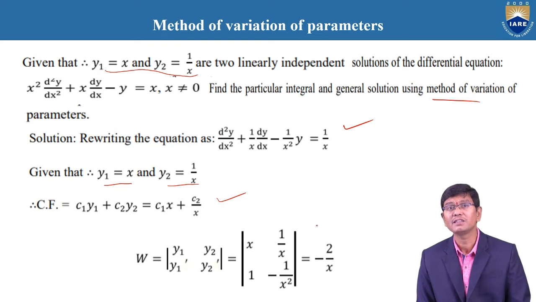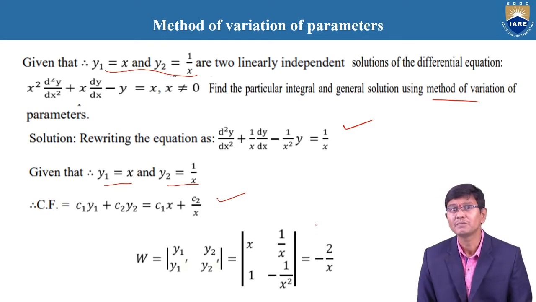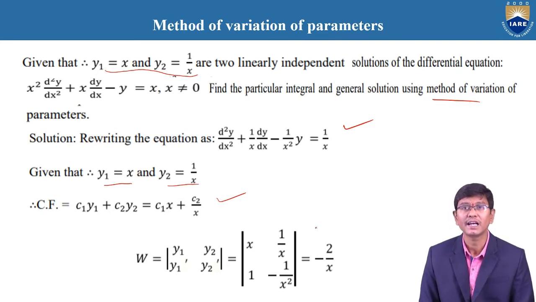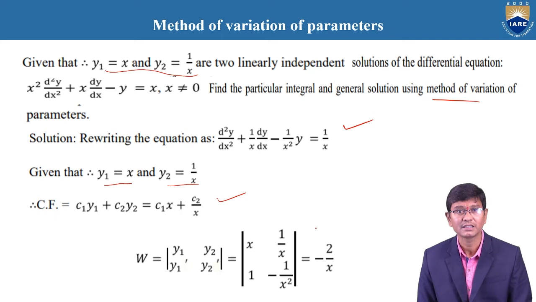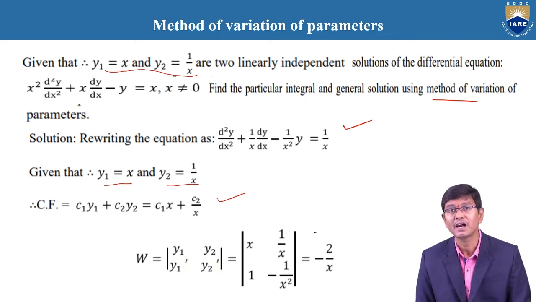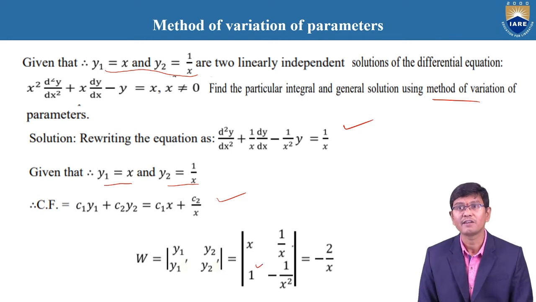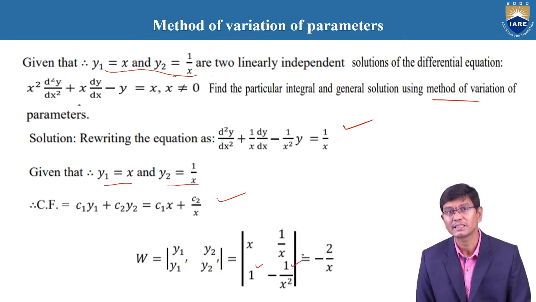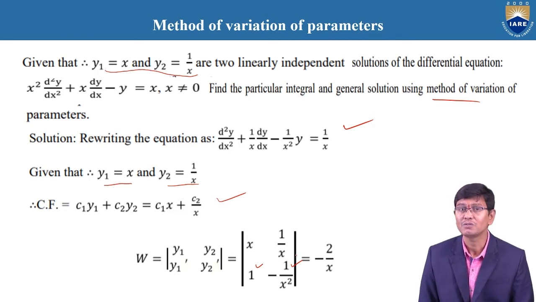The Wronskian is the determinant of y1, y2, y1', y2'. As we know, y1 is equal to x and y2 is equal to 1/x. With the help of these, y1' is 1 and y2' is minus 1/x².